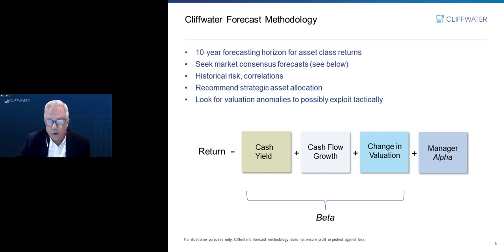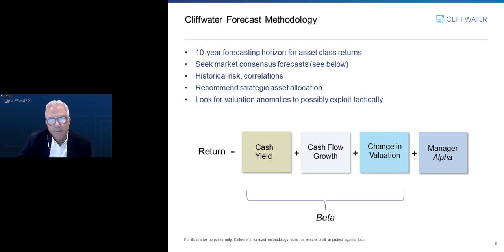I'm going to switch in a second here to the fourth quarter and long-term forecast for the different asset classes. But just as a reminder, there are really four elements to valuation. There's the current cash yield, cash flow growth, positive in the case of equity, negative in the case of credit, potential change in valuation, change in interest rates or changes in PE multiples that can affect return.